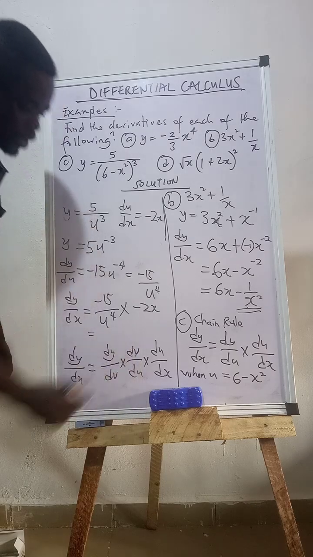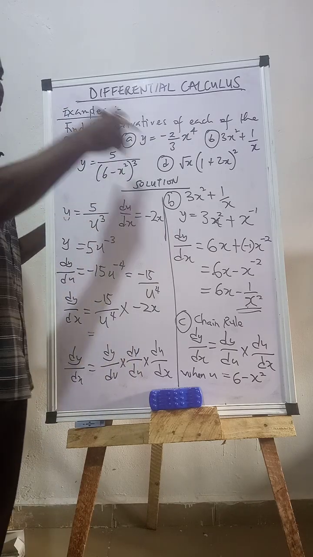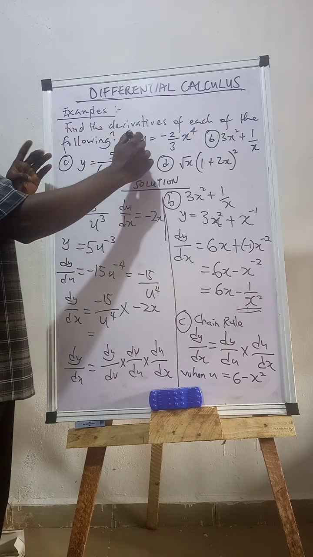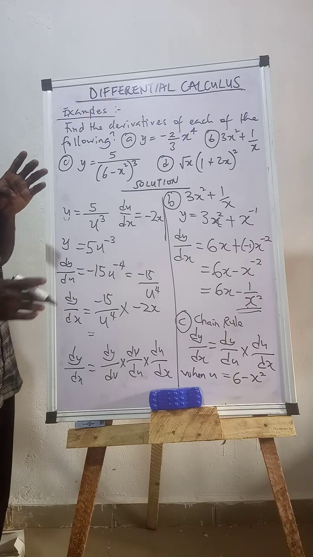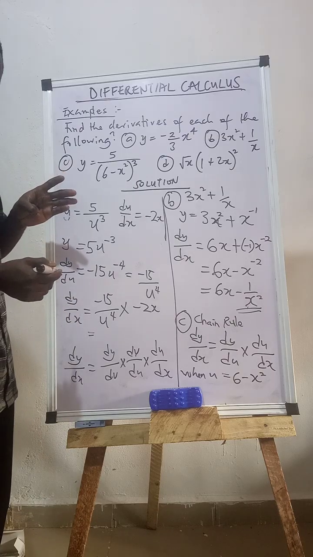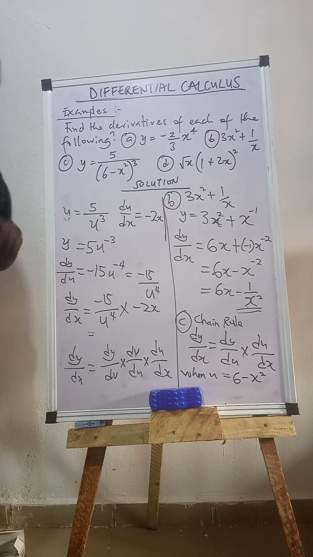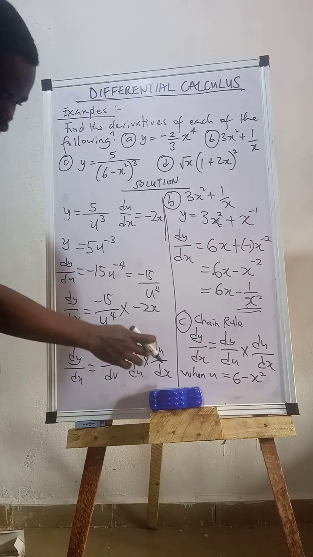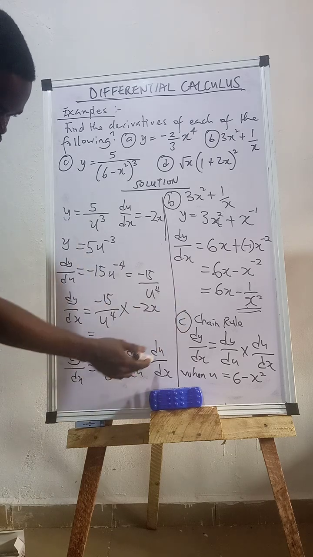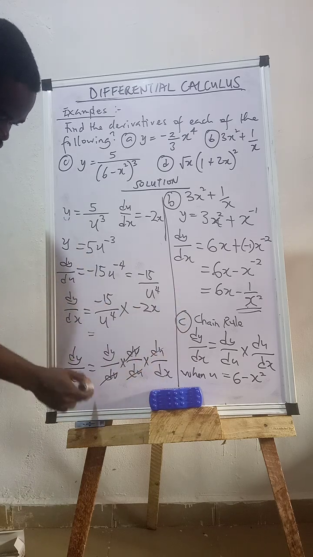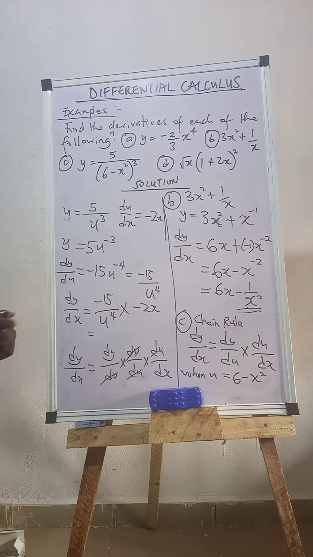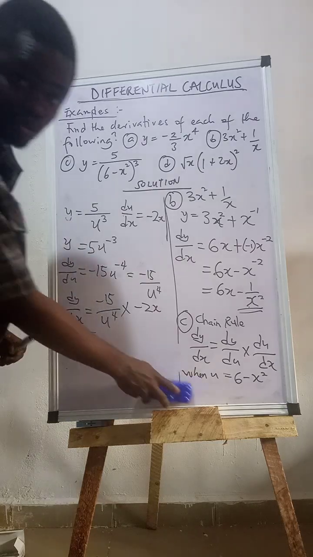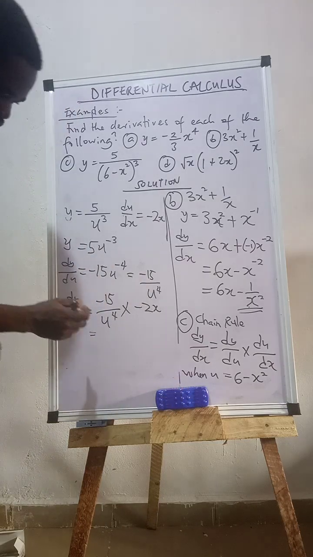So if there were three values inside, say, for example, everything here we now put in a bracket again and put squared all over another value, you see that even inside the v, the u would have needed another dv. Are you getting it? So as long as you find out that when you cancel this out, du cancels du, dv cancels dv, it gives us dy over dx. That's the idea of the chain rule. The chain rule must always bring us back to dy over dx. Very important. Never miss that.